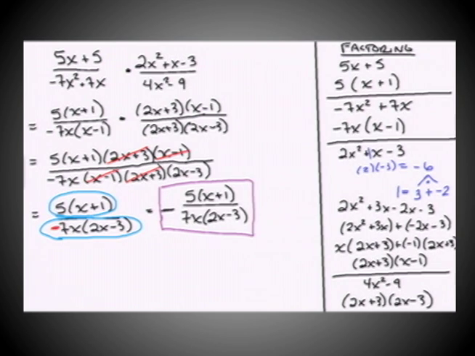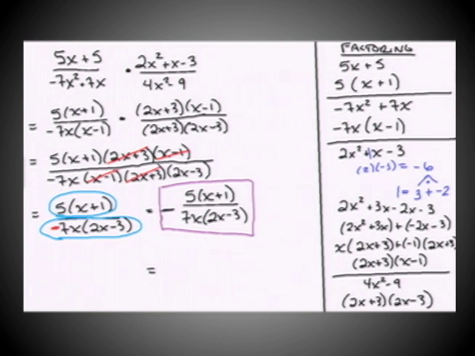However, sometimes you may want to write it in the expanded polynomial form, and that would just mean going back and distributing the 5 to both the x and the 1 in the numerator, and distributing the 7x to the 2x and the negative 3 in the denominator.